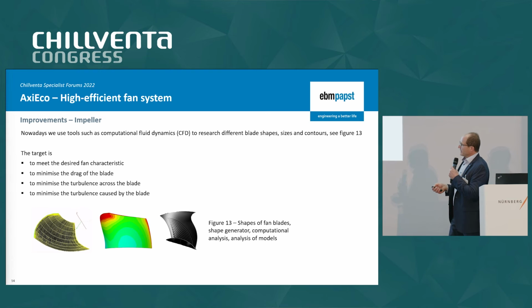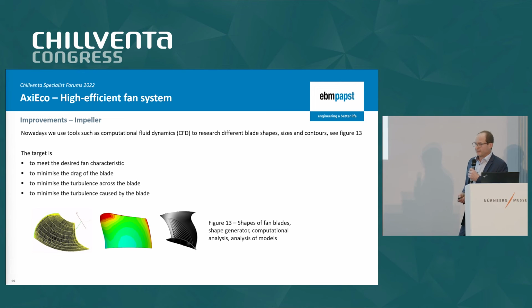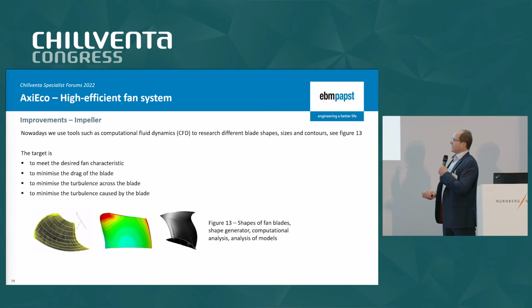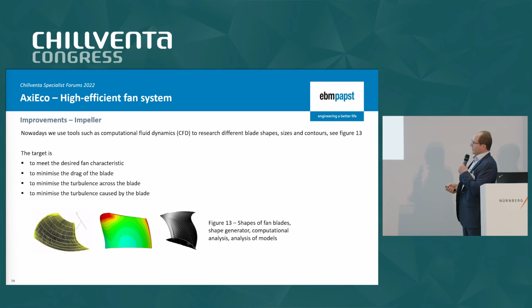Then, of course, we need to minimize the turbulences across the blade. This is a physical effect, and by these measurements and by CFD simulation, we are always trying to reduce these turbulences. And then we also need to minimize the turbulence caused by the blade itself.